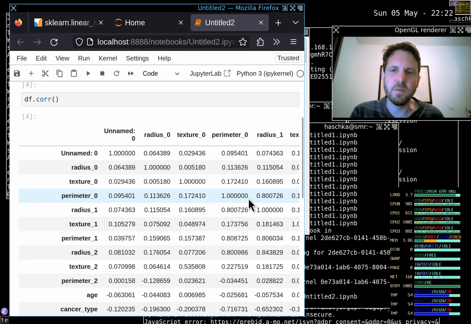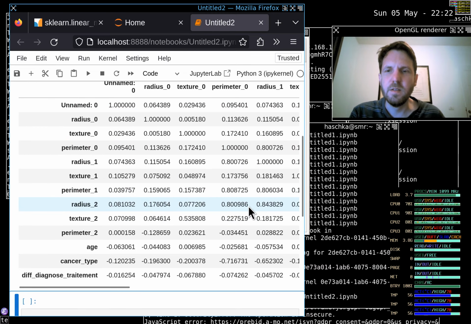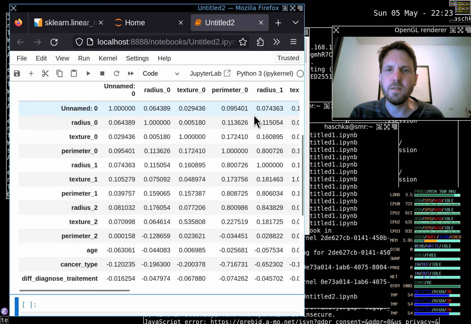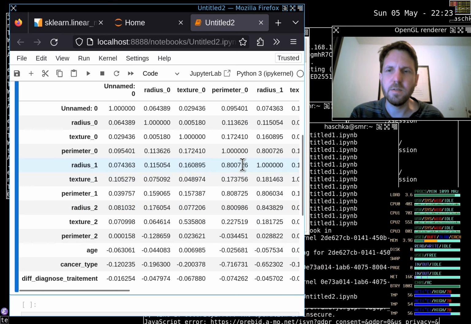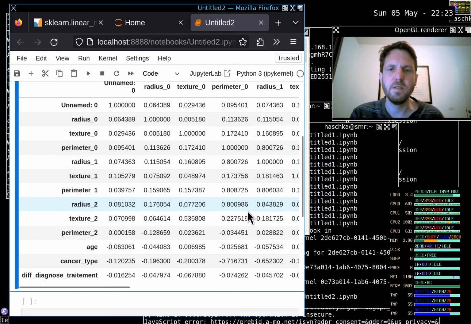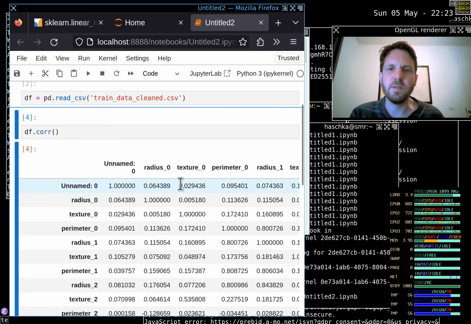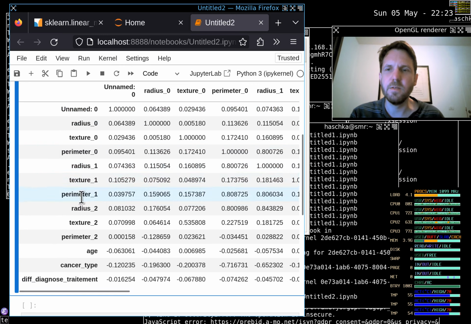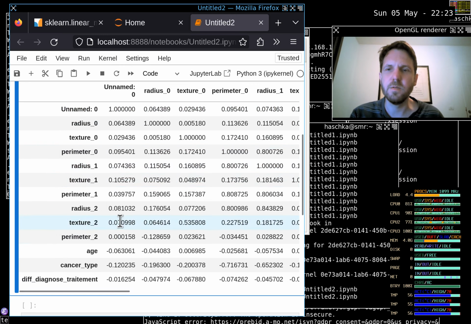What we want to do is see that this parameter 0 has rather high correlation values with radius 1 and radius 2, and we want to use this to build a regression system which allows us to take radius 1 and radius 2 in order to predict parameter 0.